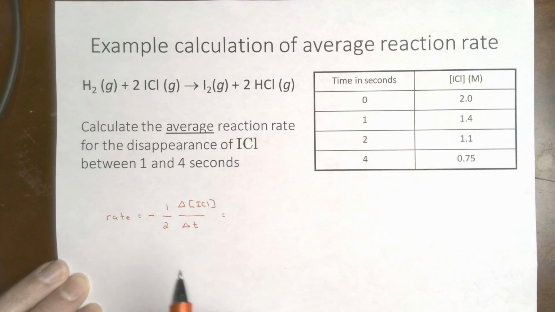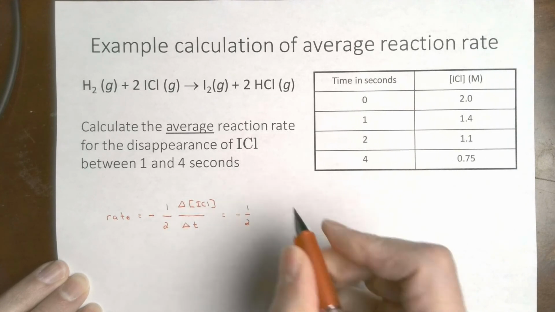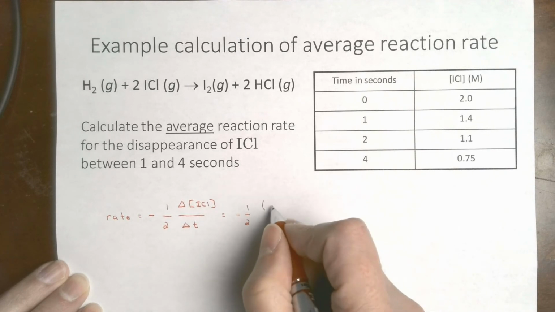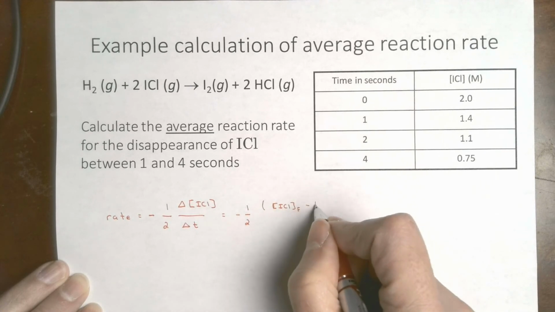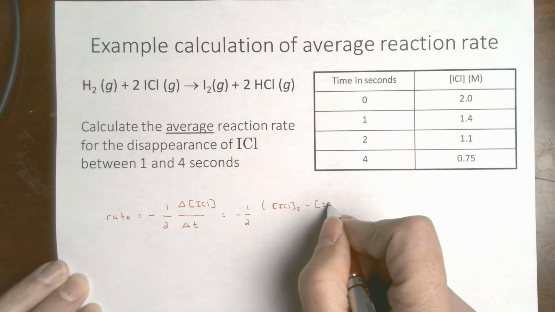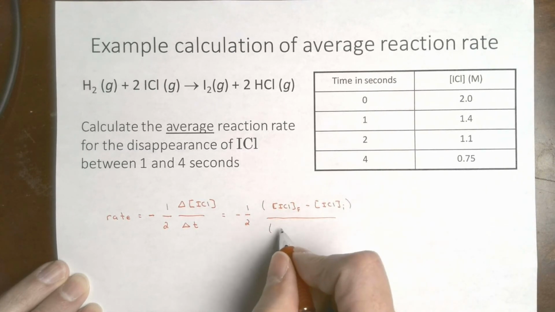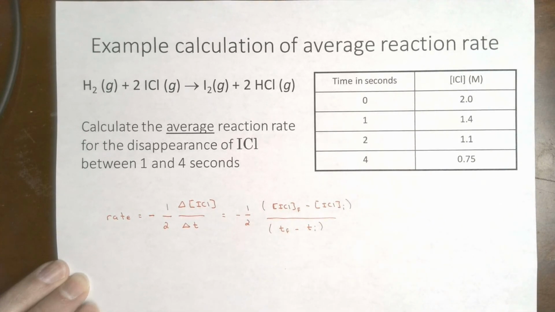If we write this out using initial versus final, it's minus 1/2 times the concentration of ICl final minus the concentration of ICl initial, over t final minus t initial.